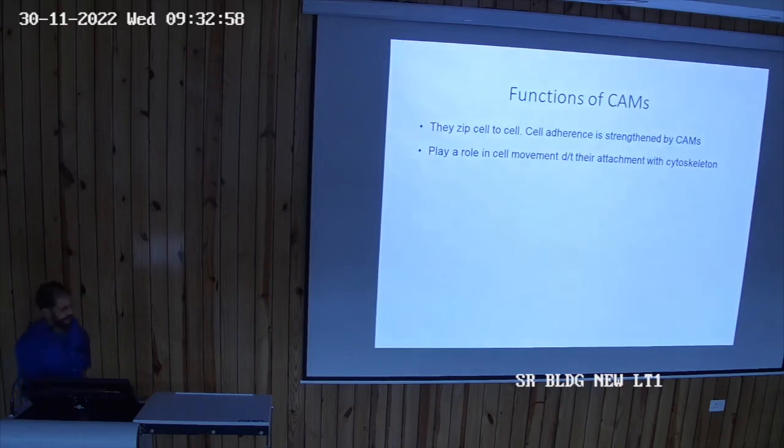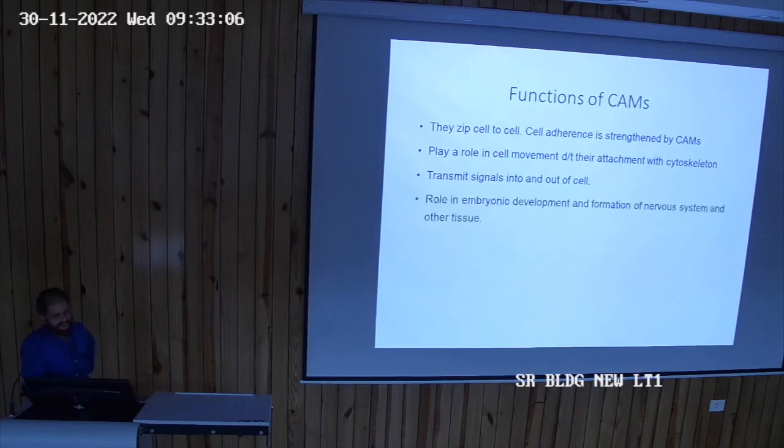Then tubulin also there. It is also helping in signal transmission into and out of the cell. And in that way, it is influencing the genes involved. ना जीन के एक्सप्रेशन में हेल्प करता है, and it is involved in embryonic development and formation of different systems.